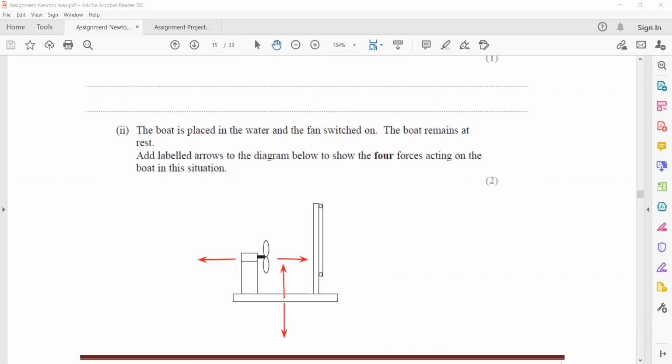So for vertical forces there will be upthrust, and downward the weight. And there will be the force of the air on the sail, and the force of the air on the fan, because as the air hits the sail it bounces back and collides with the fan.